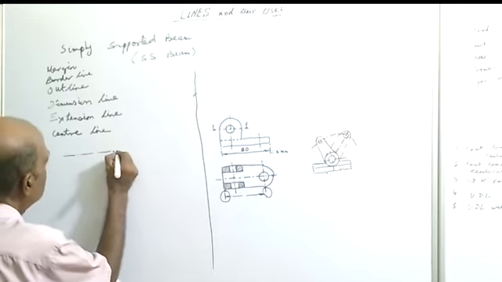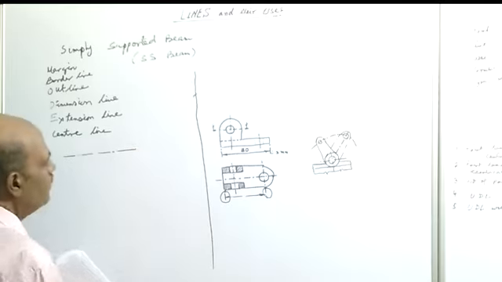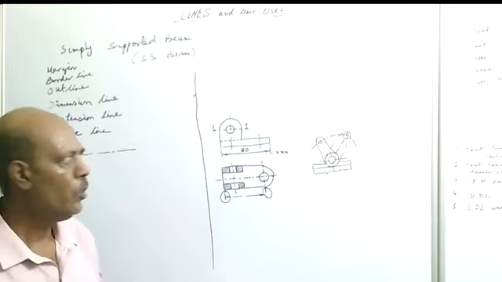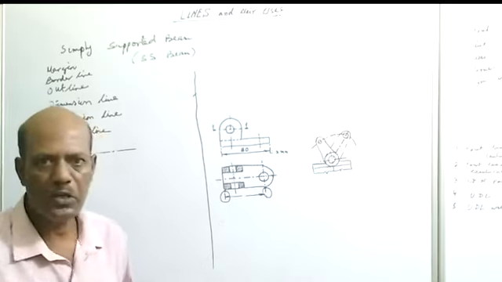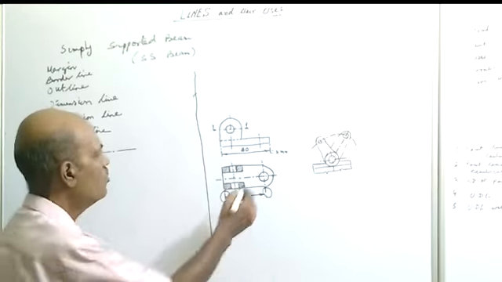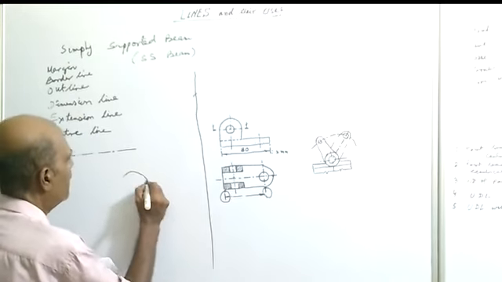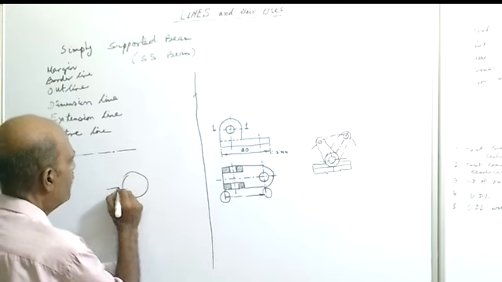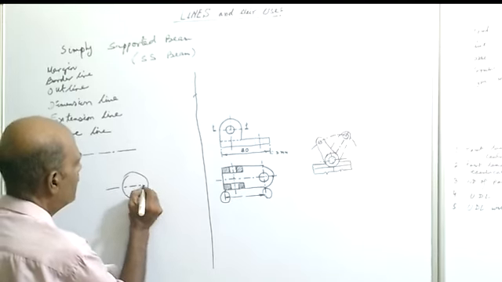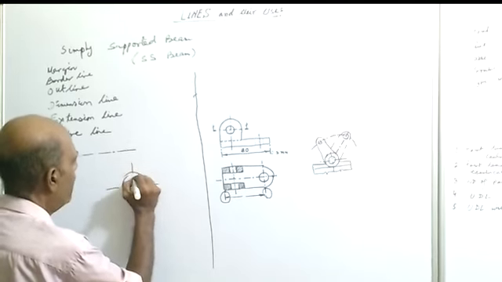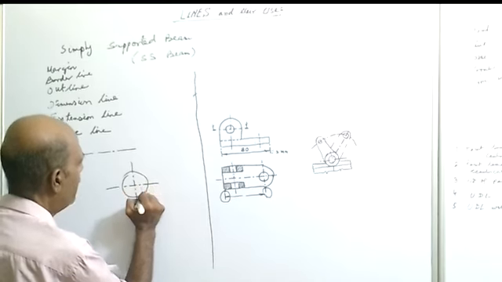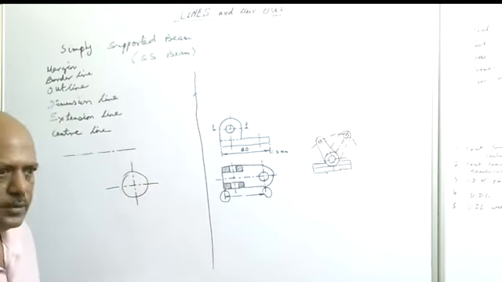This is the central line, used to show the center of a symmetric object, or to show a circle. If it is a circle, from both sides at an angle of 90 degrees we have to put the center line.